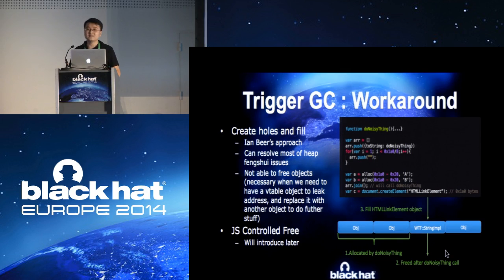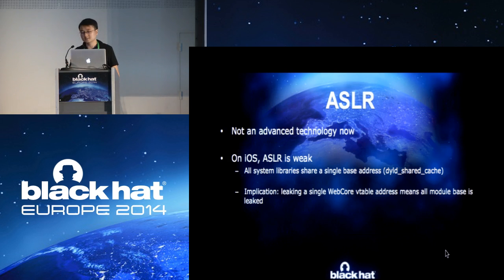However, that's not enough in some cases, and sometimes it will not meet the needs of the exploiters. So today I will introduce a new technology called JS Control Free, which I will introduce later.